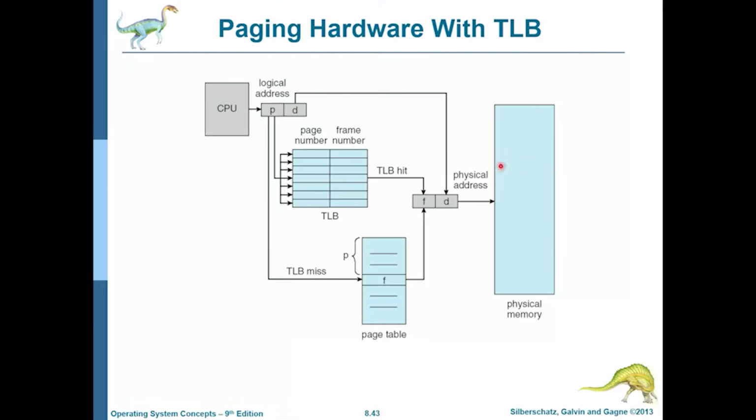So this is an example of a TLB, a translation look-aside buffer. When a CPU generates a logical address, the address is split into 2 parts. As we know, there is a page number and there is an offset. Now the page number is first sent into the TLB, and these comparisons happen in parallel. We don't go one by one, we don't go linearly, because that would be very wasteful and might take a lot of time.